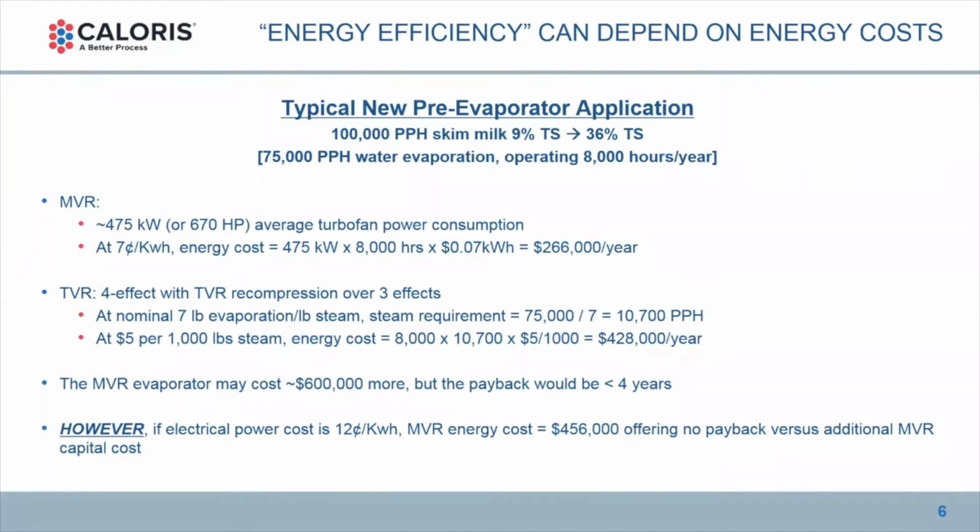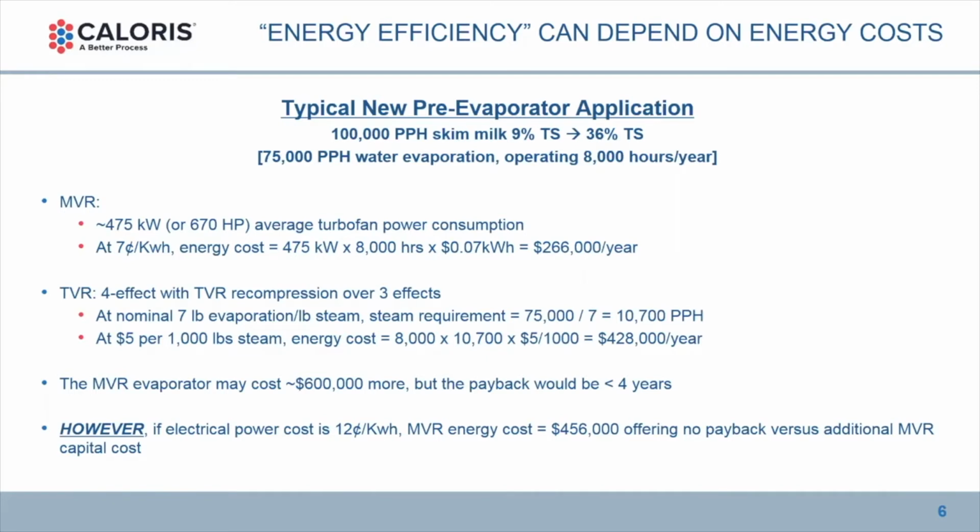But what if your energy cost is 12 cents a kilowatt? Say you're in California. Well, that MVR is actually $456,000 a year to operate for that 475 kW. Economically, the steam heated evaporator suddenly makes more sense, unless there are extraneous circumstances like you need to buy a steam boiler.